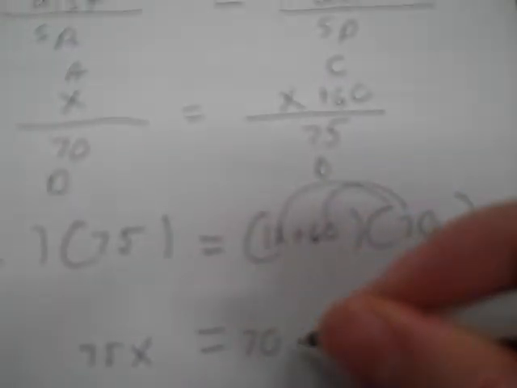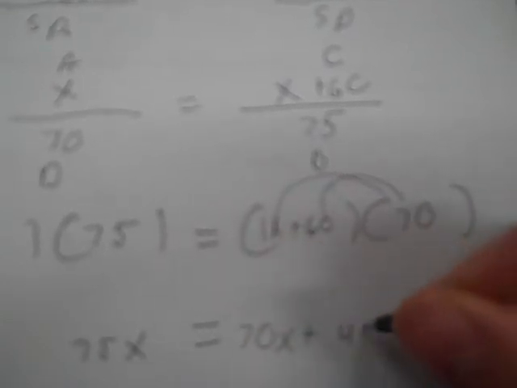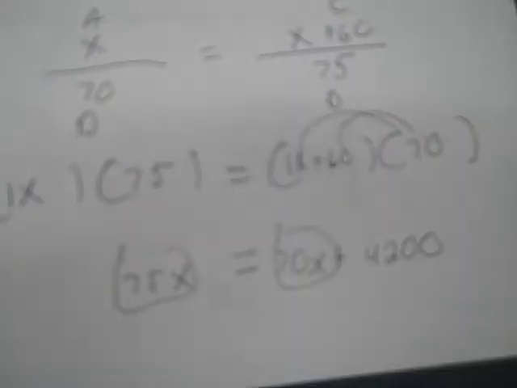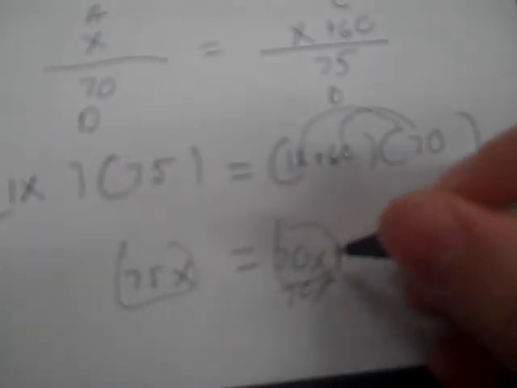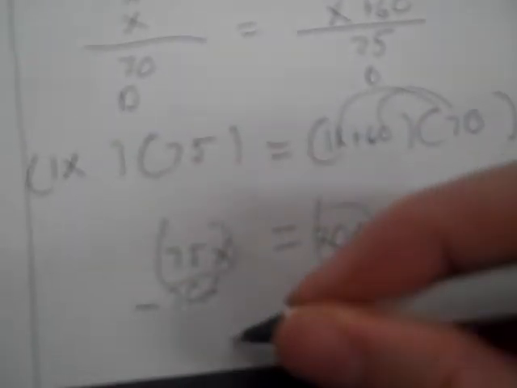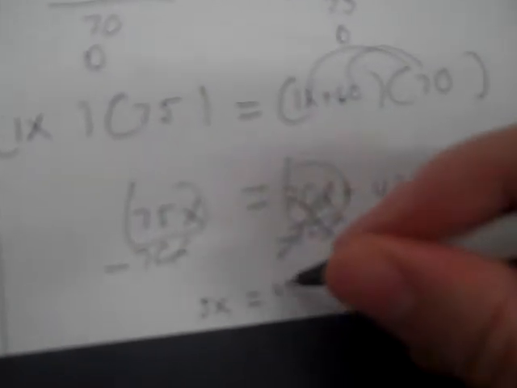Now over here I got this plus, so I need to multiply. It's going to be 70X plus 4,200. And then our X's are on opposite sides, so we get rid of the 70. So 5X equals 4,200. Now divide by 5. That's our first answer. So 4,200 divided by 5 is 840.